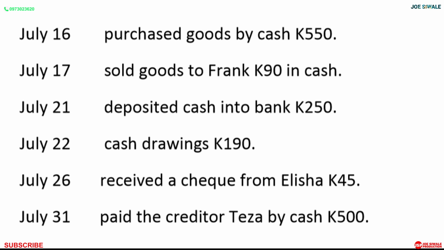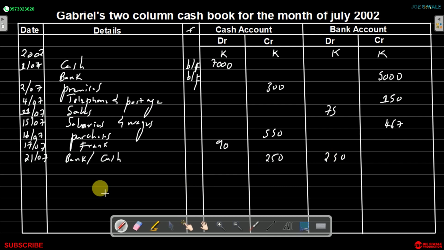So we're going to record it on the credit side of the cash account. So we have 22nd of July, we're going to say drawings. And we're going to credit that amount, which is 190.